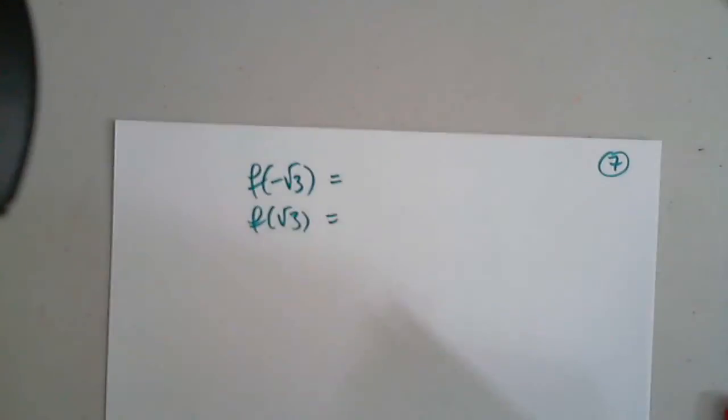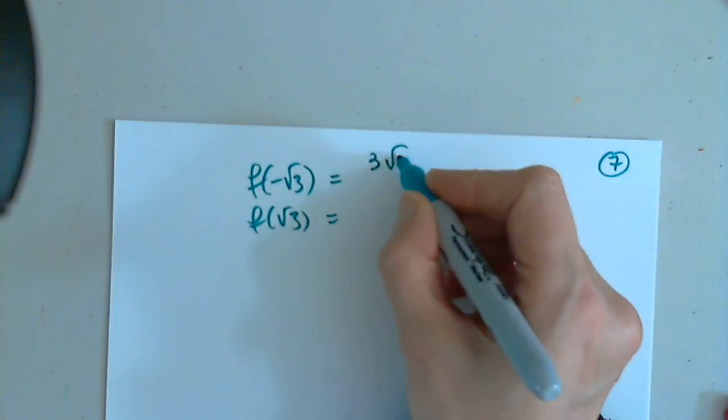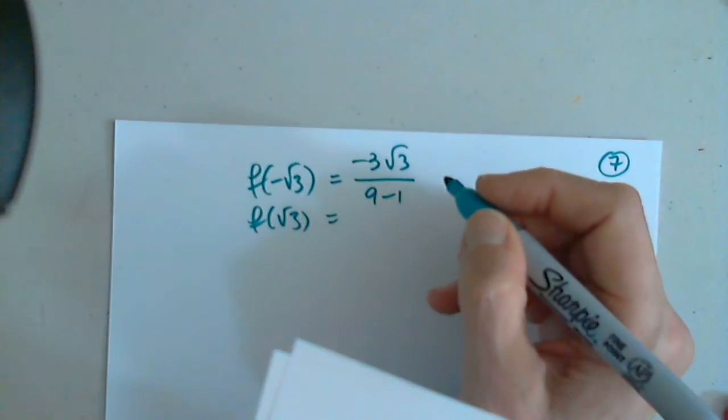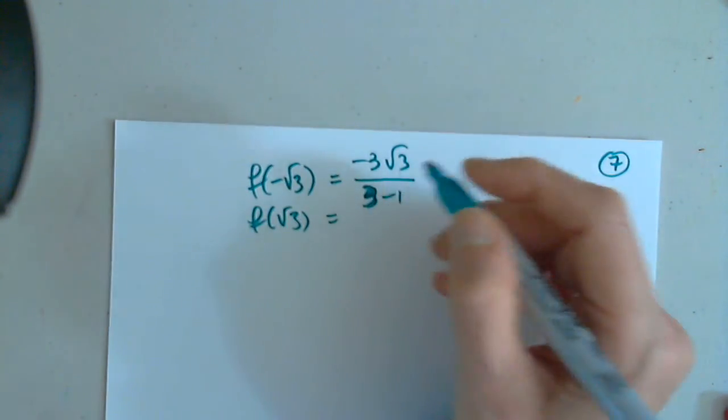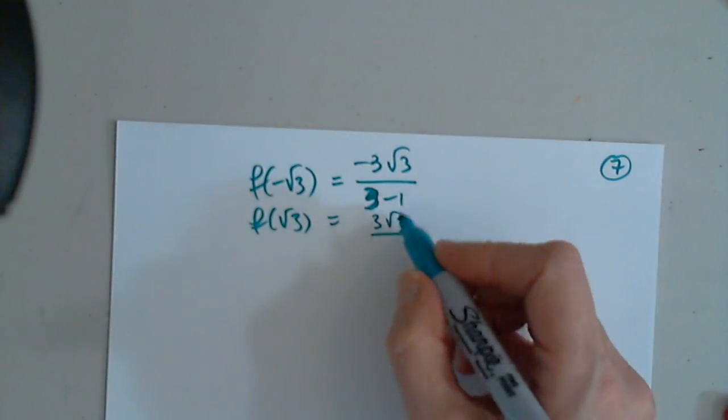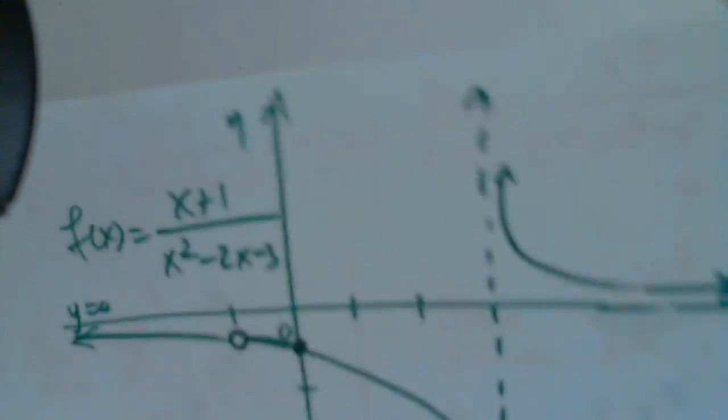The square root of 3 times 3, the square root of 3 over 3 minus 1. Sorry, not 9, but 3. Over 3 minus 1. And the other one is the same, but 3 the square root of 3 over 3 minus 1, which is 2.